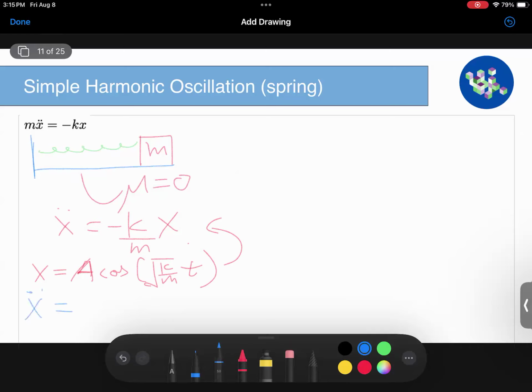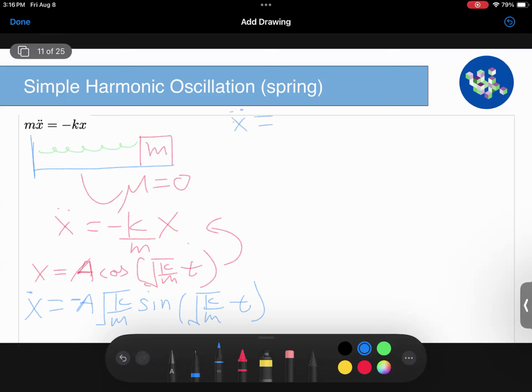Let's first take the first time derivative: x dot equals, and it should be negative because I'm taking the derivative of cosine, negative A square root k over m times sine of square root k over m t.